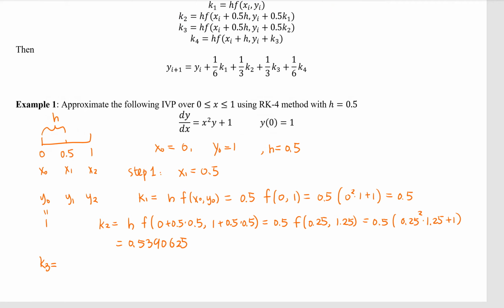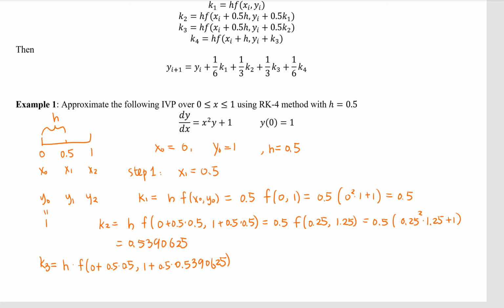Now k3. What is k3? h times f of xi, which is 0 plus 0.5, h is 0.5. And then yi is 1 plus 0.5 times k2, which we calculated as 0.539065. If we have a lot of numbers, it's okay to keep 5 decimal places in the calculation.